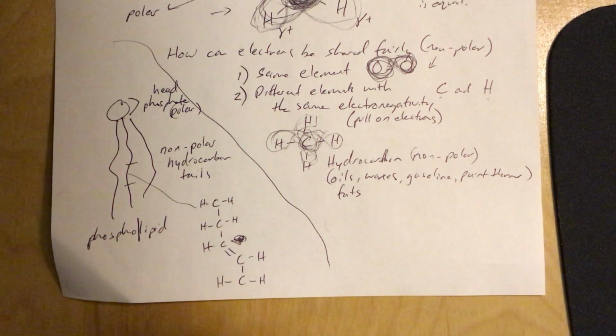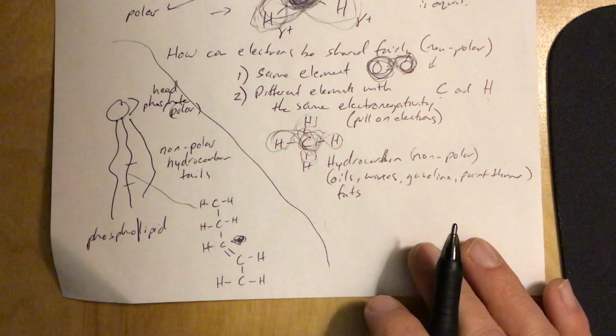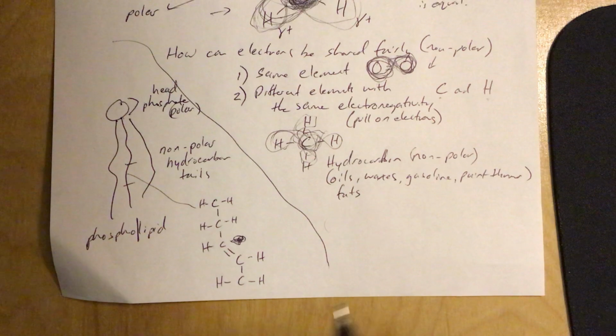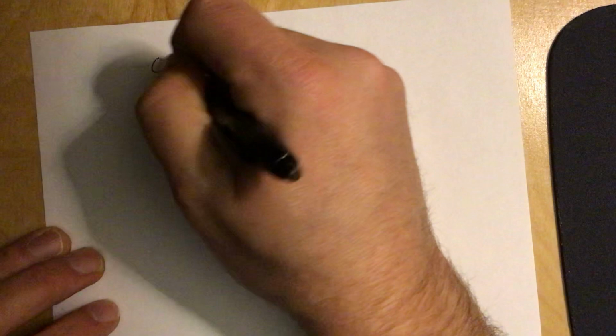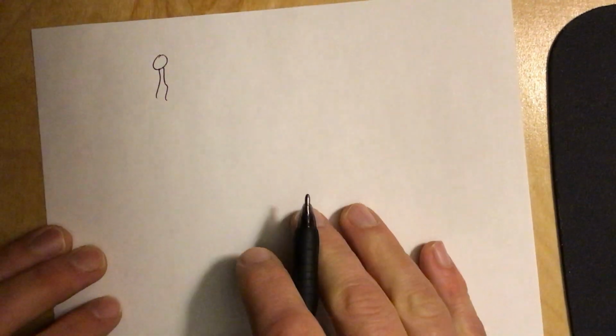Well, most of living things are made of water, like inside and outside. They're pretty much all made of water. So how in the world does this work? It's a brilliant, brilliant system. So basically, these things will arrange themselves into what's called a phospholipid bilayer. So we're going to take these squiggles here, and I'm going to take one like this, okay?